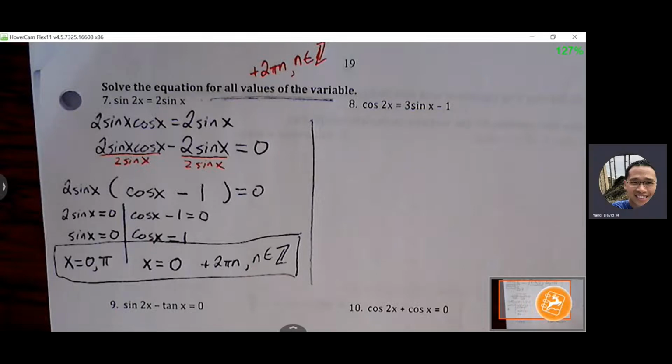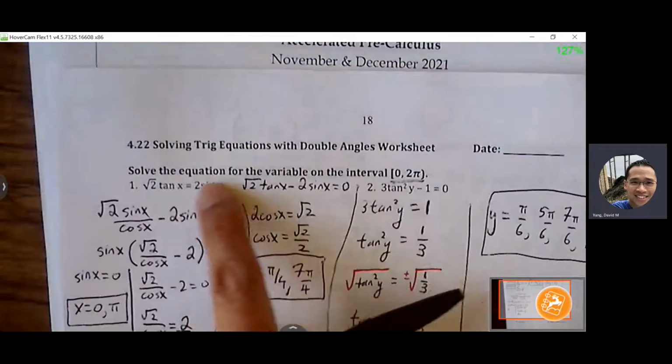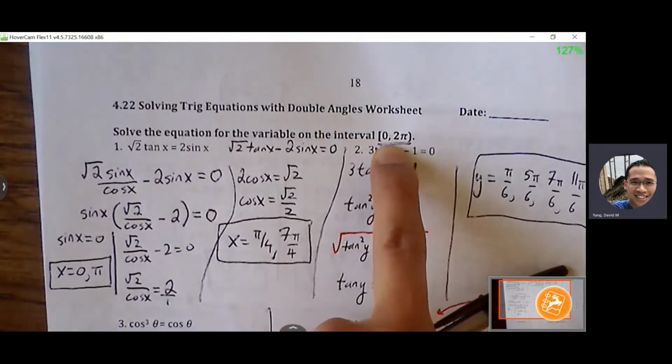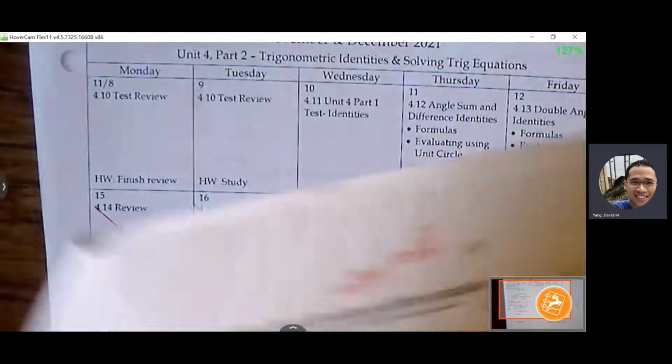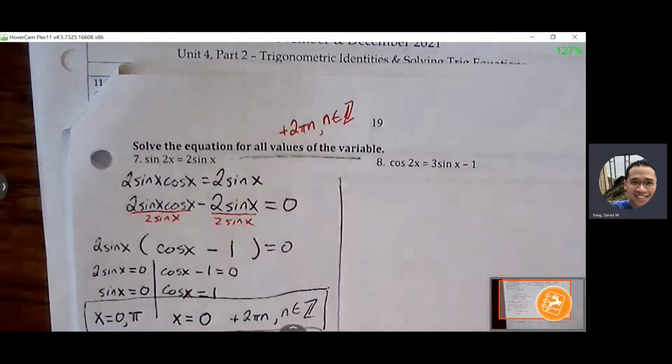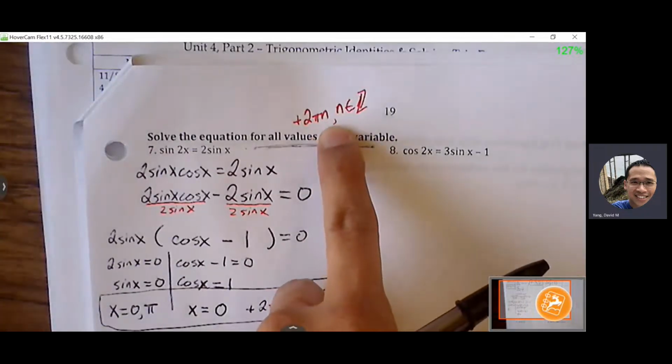How do you know when to use a 2 pi n? Right, good question. If you look at the previous page here, it says solve the equation for the variable on the interval from 0 to 2 pi. So when they give us that restriction, all we need to do is to find values on the unit circle. But if it says for all values, then it's expanding outside our interval, so we have to include all the possible variations.